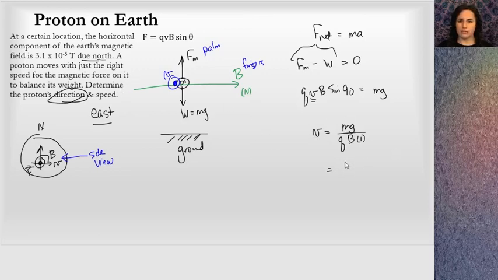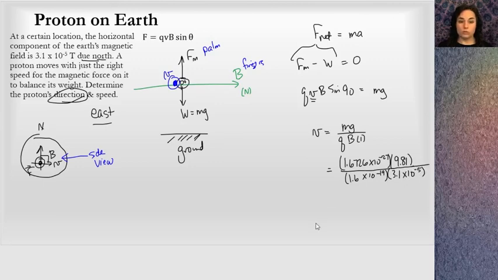The mass of a proton, 1.6726 times 10 to the negative 27th. Okay, so there's the mass of a proton. Gravity, we know, near the surface of the Earth, we can just put 9.81. The charge of a proton, 1.6 times 10 to the negative 19th. And they also tell us the magnitude of the magnetic field at the surface of the Earth there, 3.1 times 10 to the negative 5th.